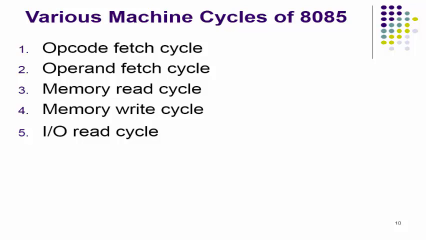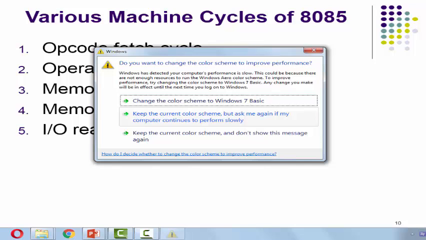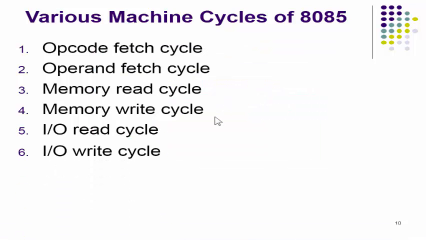In the same way, the IO read cycle, IO read machine cycle. Like memory read, IO read. Suppose the processor wants to read data from an input peripheral, for example a keyboard, mouse or joystick. At that time it requires the IO read machine cycle.